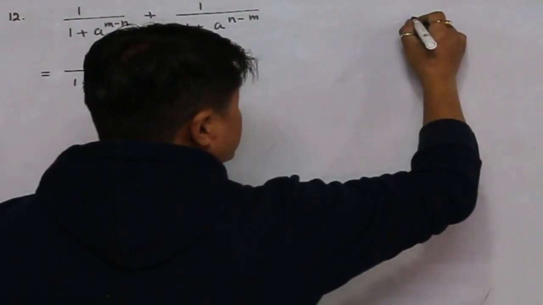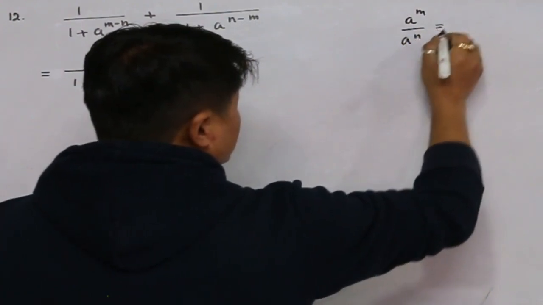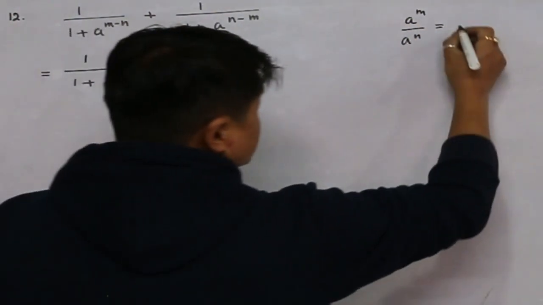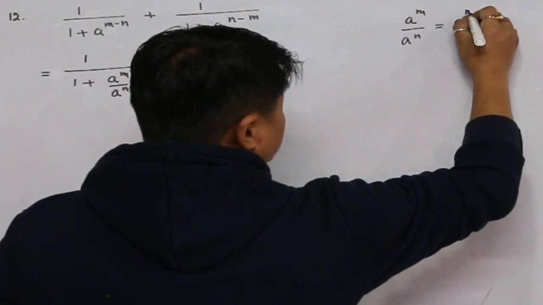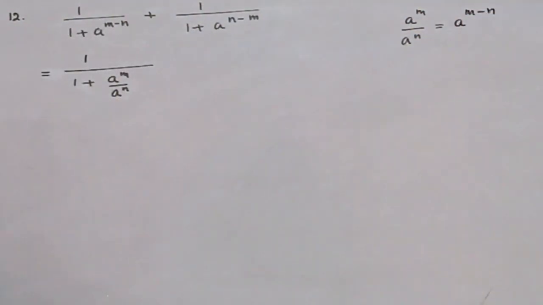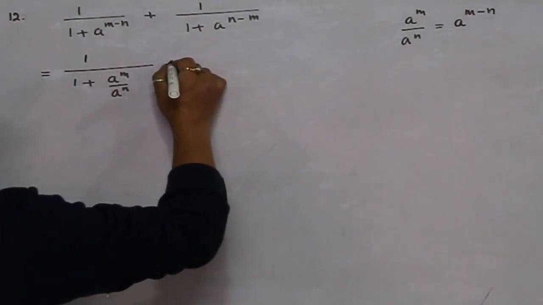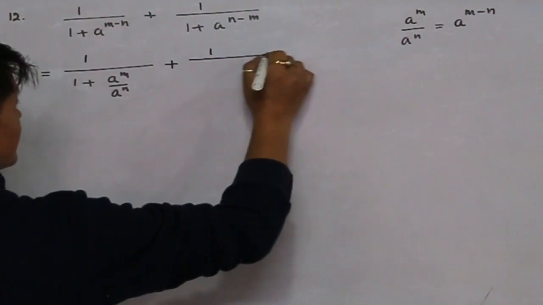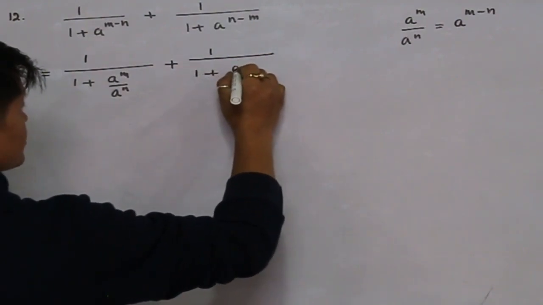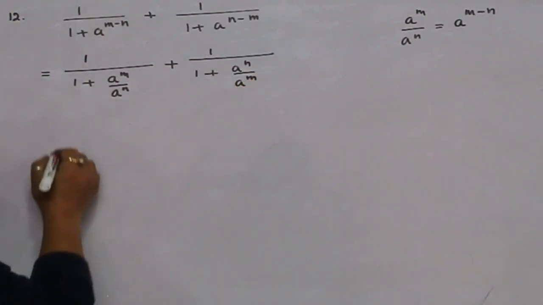So, if I write here a to the power m divided by a to the power n, when the like terms are divided, powers are subtracted. This can be written as a to the power m minus n. So, for a to the power m minus n, we can write a to the power m divided by a to the power n, plus 1 divided by 1 plus a to the power n divided by a to the power m.